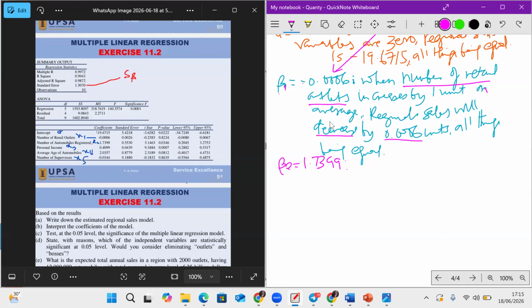Increases by 1 unit on average, regional sales will, you check the B2, is it positive or negative? Here it was negative, that's why we used decrease. But here it's positive, so regional sales will increase by, here it was 0.006, but now 1.7399 units, all things being equal.